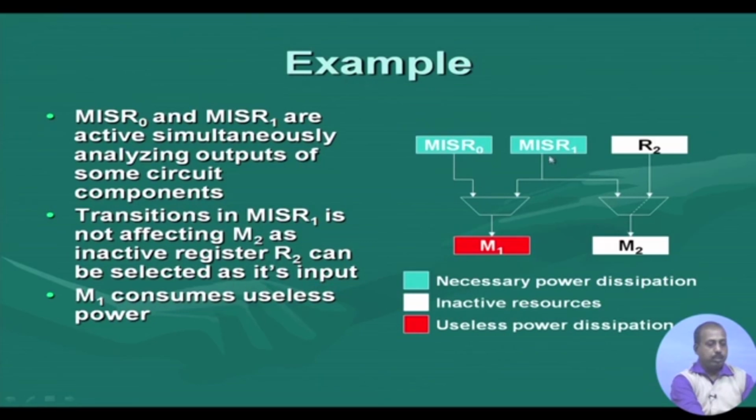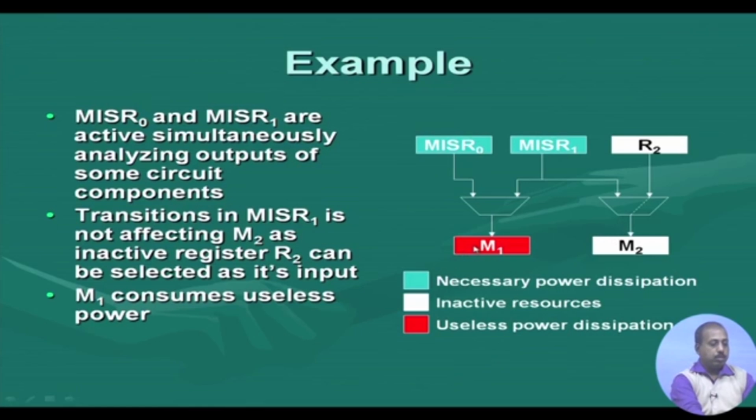MISR 1's result need not come to M2. So, we put R2 in some value, so that the M2 component does not see any transition, and this multiplexer is in select mode. So, the R2 signal is sent to M2. MISR 1, though it is connected to M2, does not affect it.